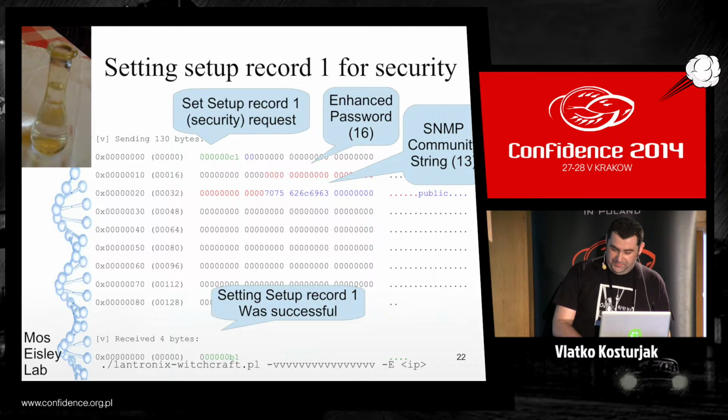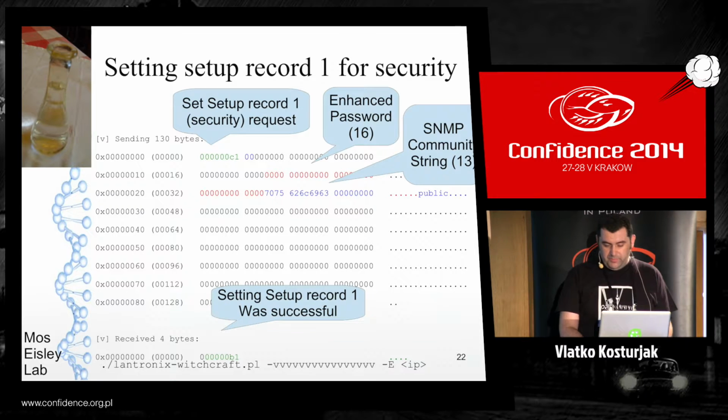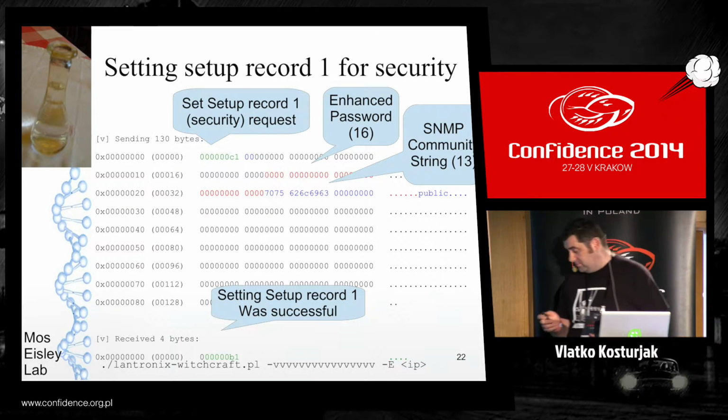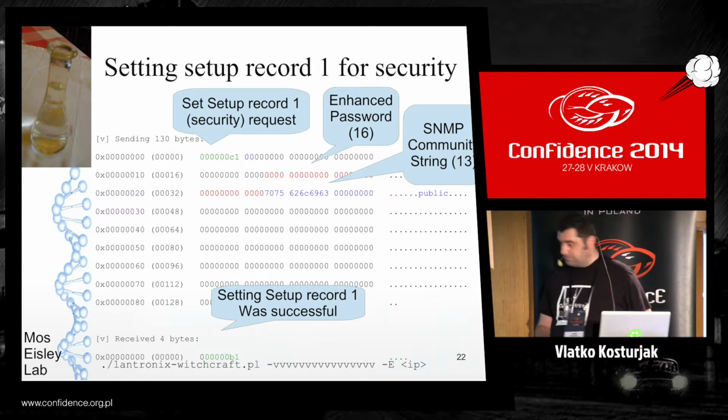You can actually put everything. So you say, okay, this is set setup record 1, send just this security request. Just for kicks, I put the SNMP community string to the default, public. And this is the AES password reset, right?